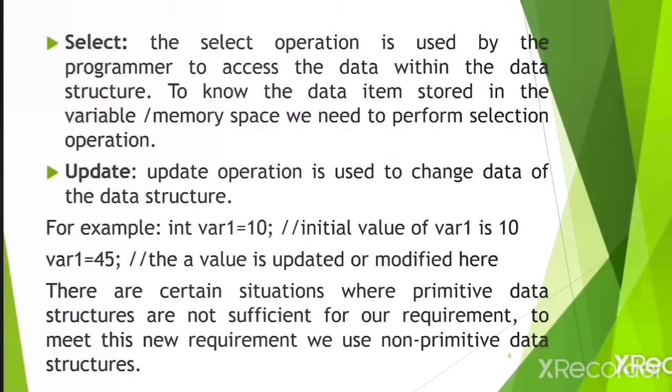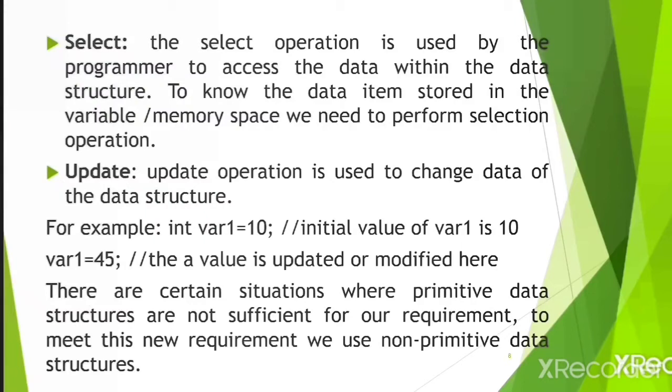There are certain situations where primitive data structures are not sufficient for our requirement. To meet this new requirement, we need to go with additional data structures, and we call them non-primitive data structures. In many instances, a primitive data structure, because it handles only one data item, will not be sufficient.